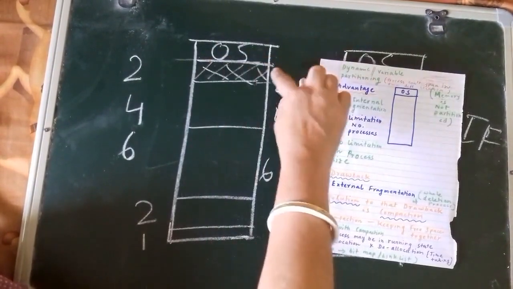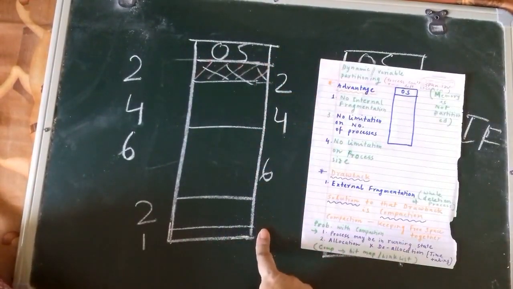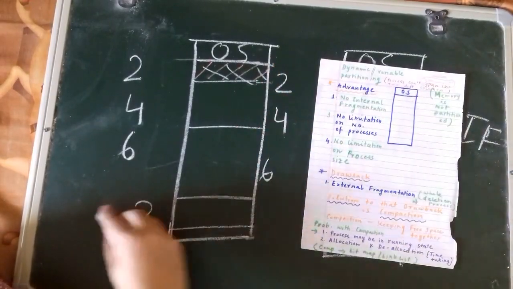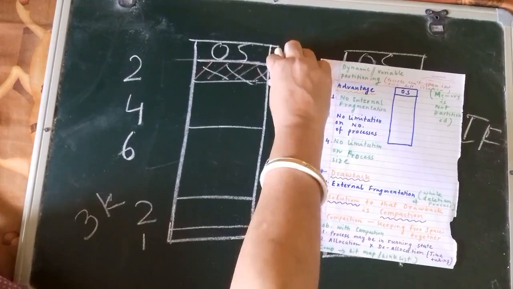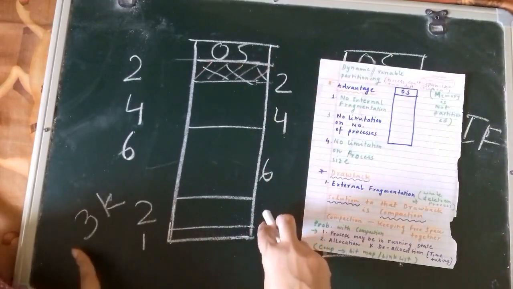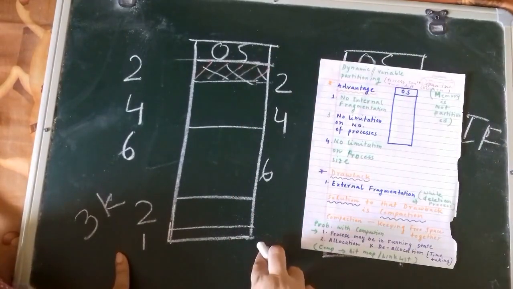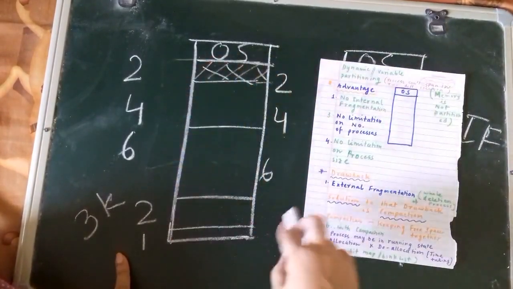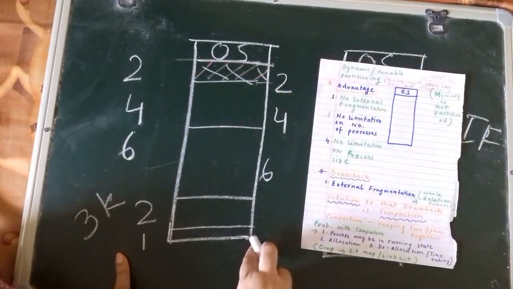This is deleted, so 2K plus 1K will be the external fragmentation size. At that moment, if a 3K job comes, I have 3K of memory available, 2K plus 1K, so I can accommodate it in terms of size, but it is partitioned here and there. So this is a drawback of variable partitioning, that is, external fragmentation.